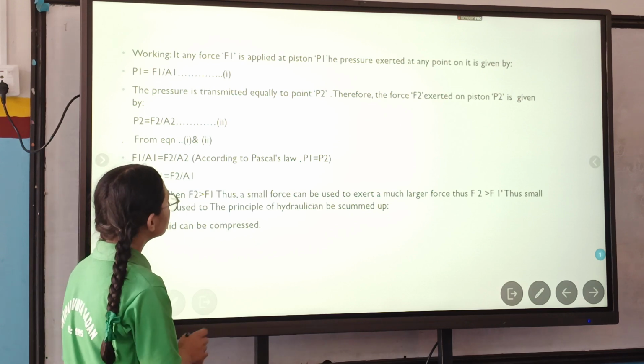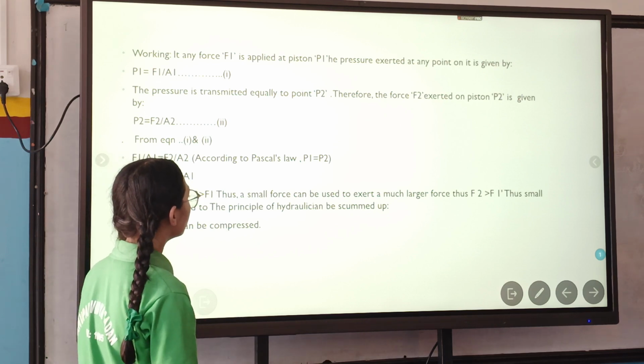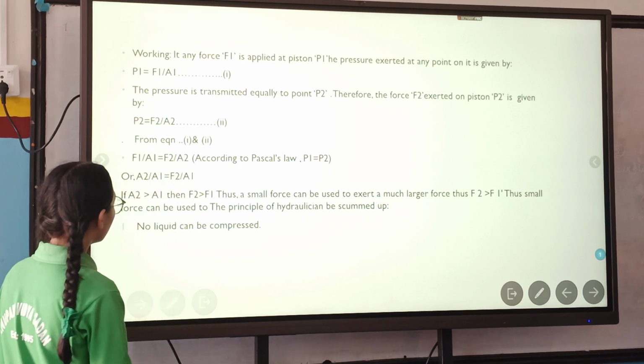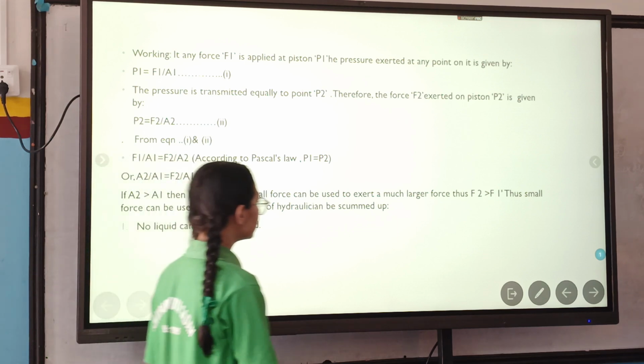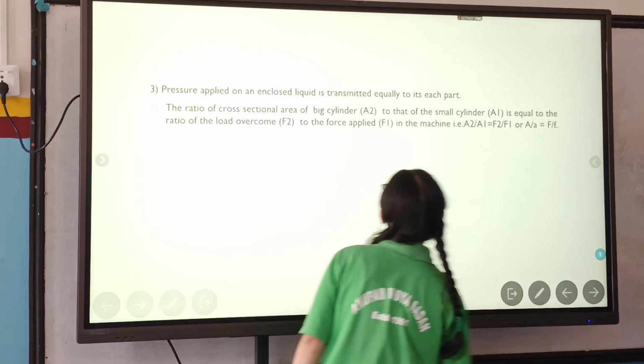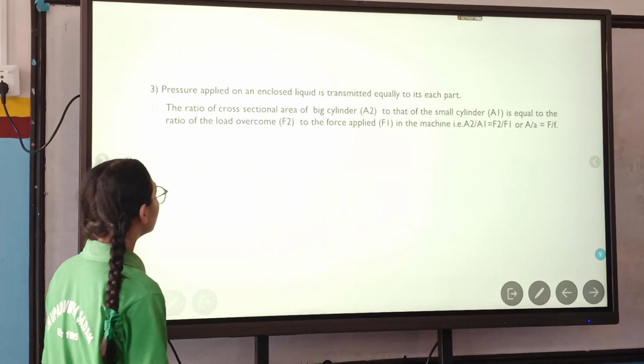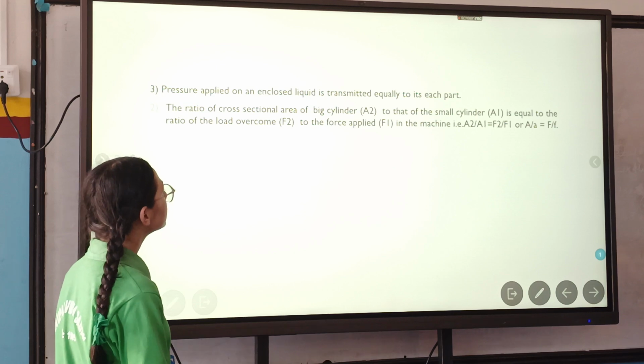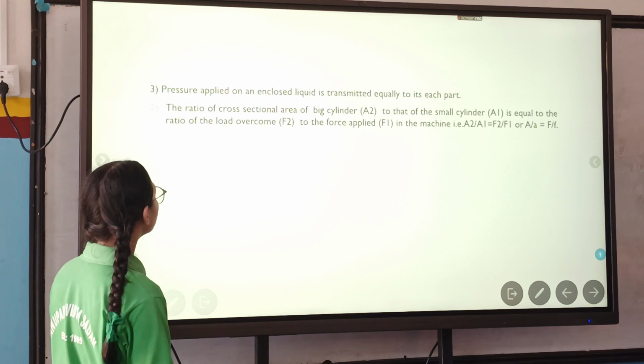And here is also given the principle of hydraulic machine. No liquid can be compressed. Pressure applied on an enclosed liquid is transmitted equally to each part.